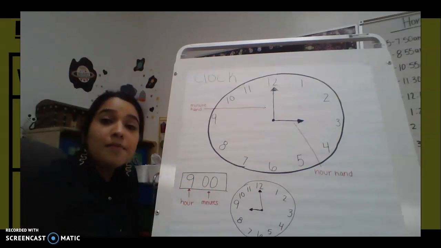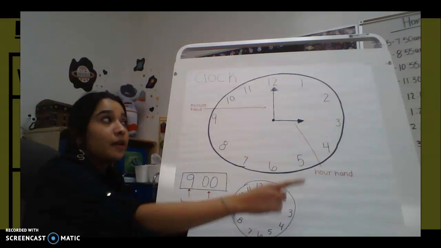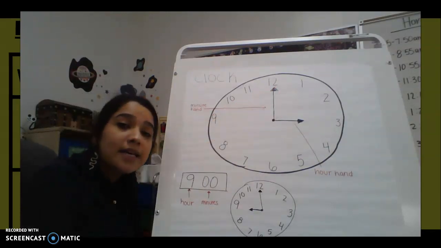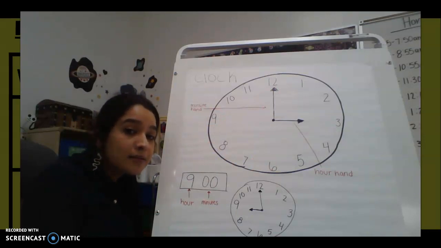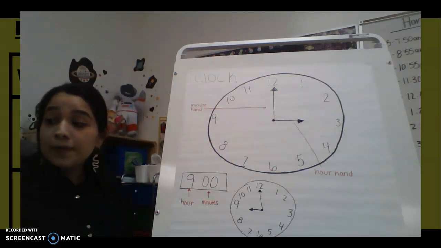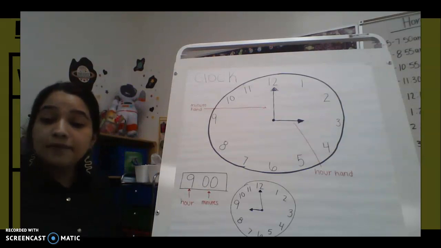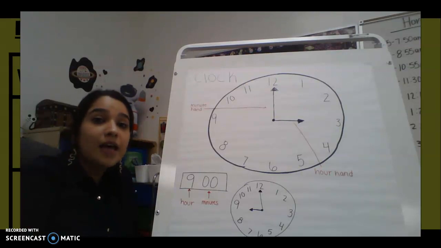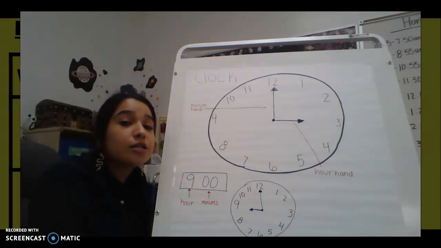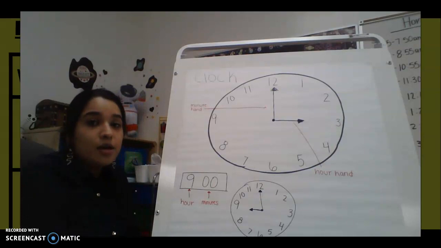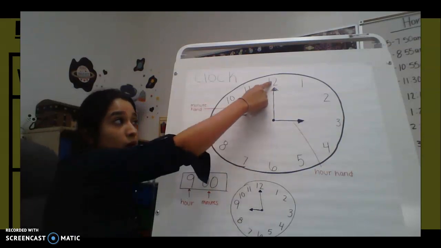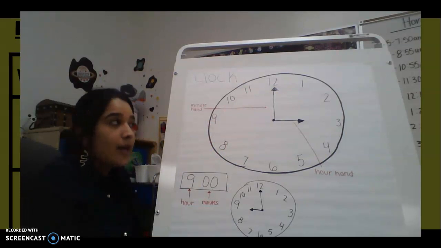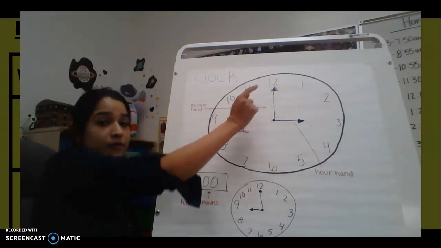So where is our minute hand pointing to? Ooh, the number 12. And what did we say that the number 12 represents? Let's go ahead and start thinking. The number 12 represents o'clock. So whenever we see the number 12 on a clock, we always say o'clock. When we see the minute hand on the 12, what do we say?